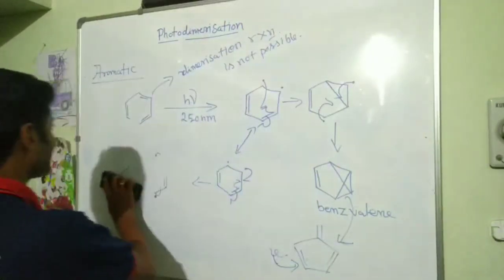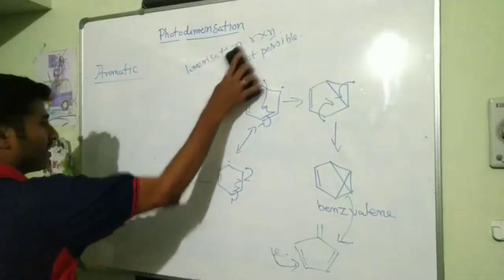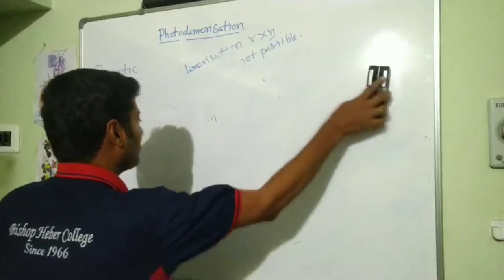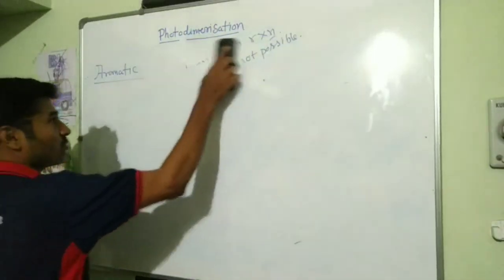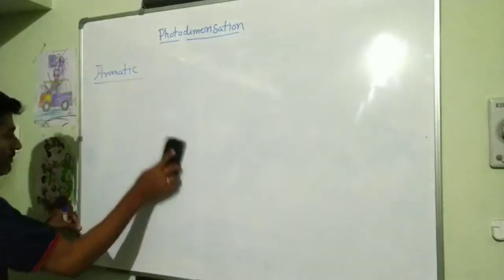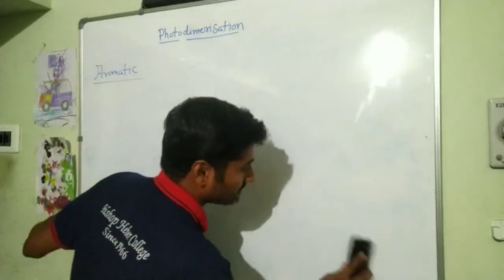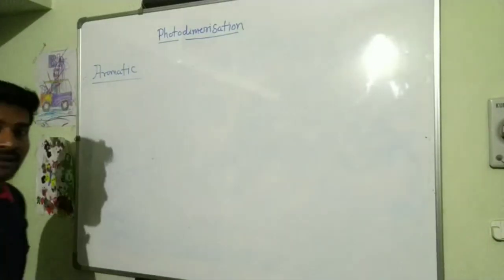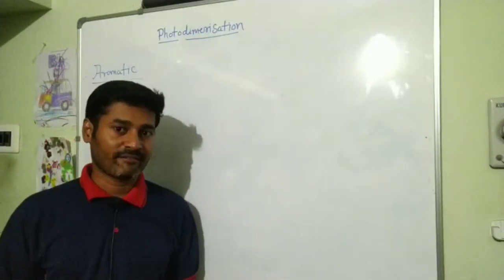Now similarly, naphthalene also cannot undergo dimerization reaction, but substituted naphthalene can undergo dimerization reaction. I'll put the reaction example in a slide as reported in standard reference books.